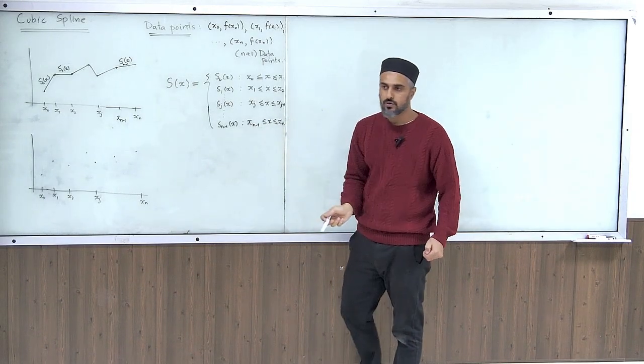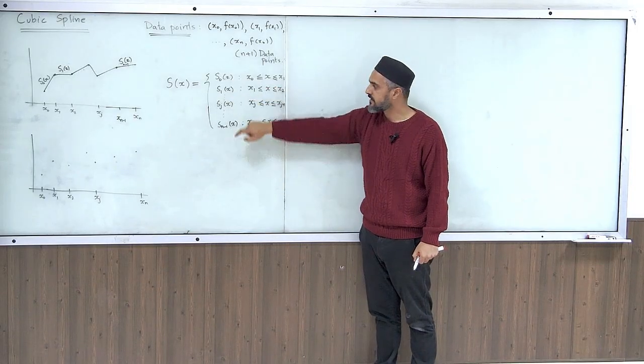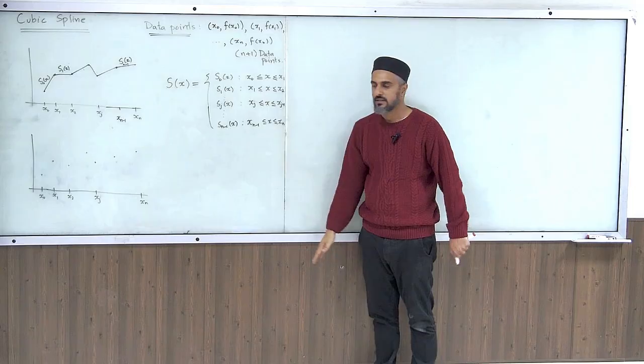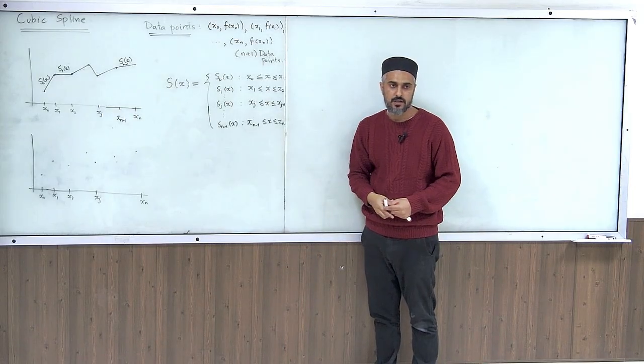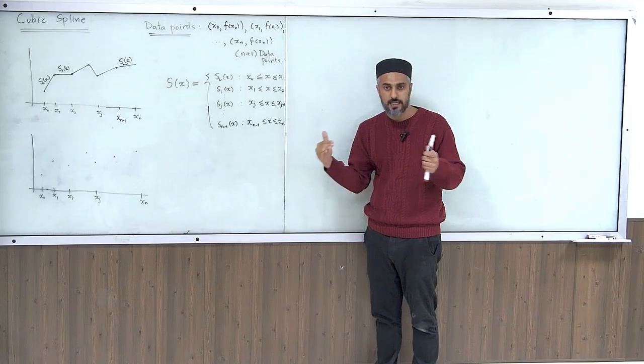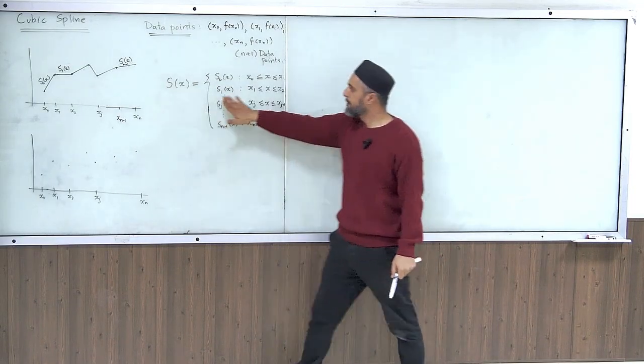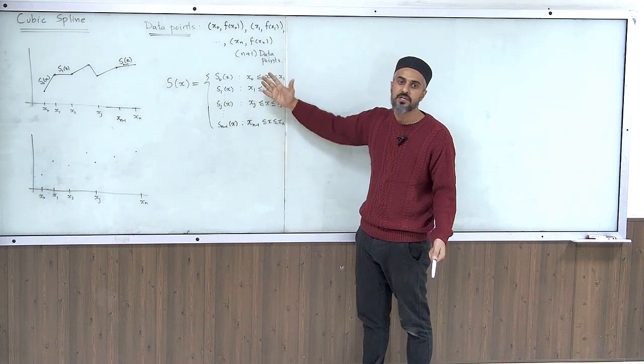So this s naught is a straight line, this s1 is a straight line, s2 is a straight line. These are all straight lines. We collected and connected them together, so this will be my piecewise function.